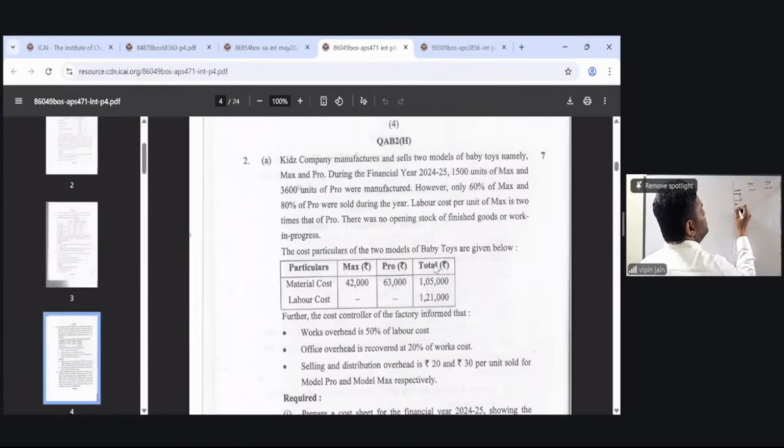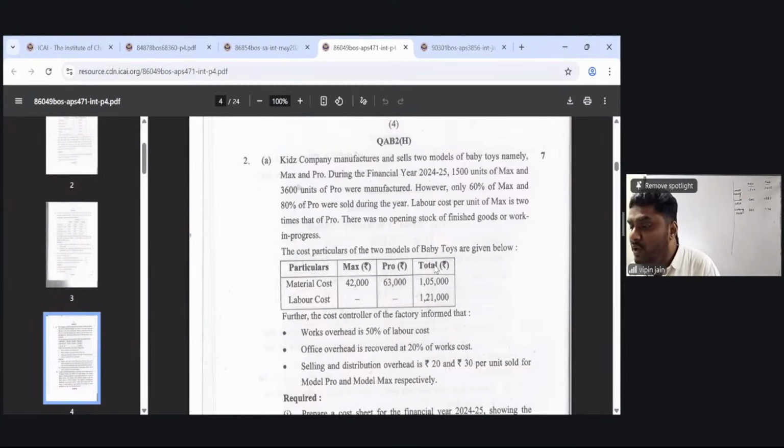Units sold were how much? 60% of the Max, that is 900 units were sold, and closing stock how much? Similarly, for Pro also 80% were sold. So 3600 into 80%, that is 2880 were sold. And the balance 720 are still in stock. I'm just writing the question, not doing anything.